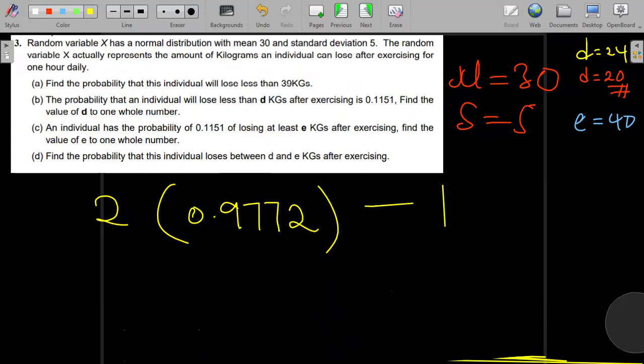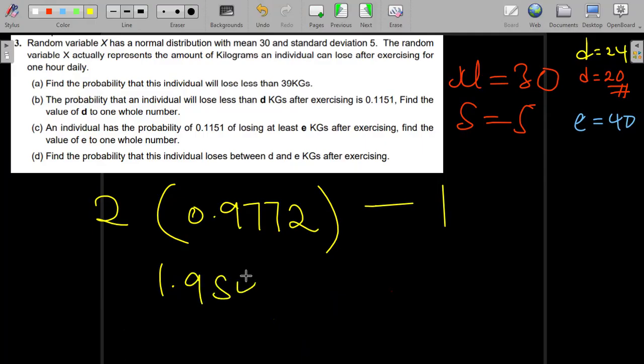So let's multiply 2 by 0.9772. That gives me 1.9544, minus 1, which will just be 0.9544.